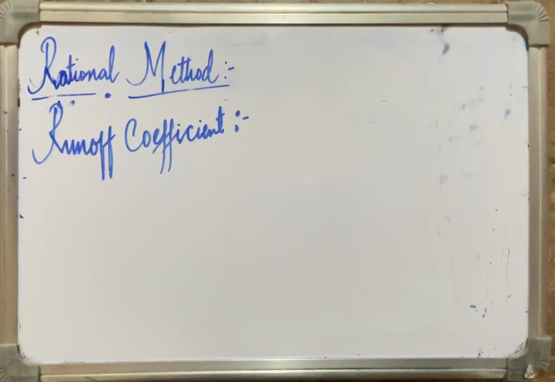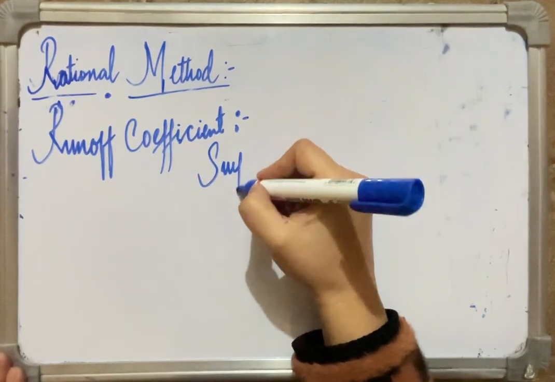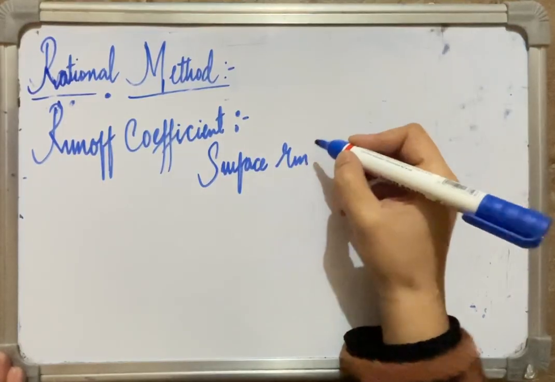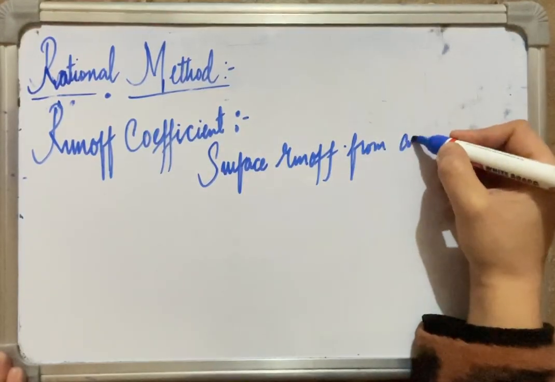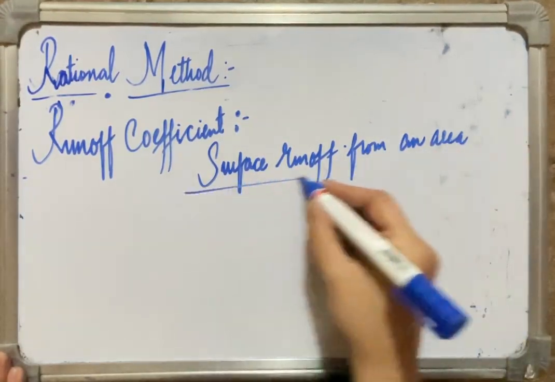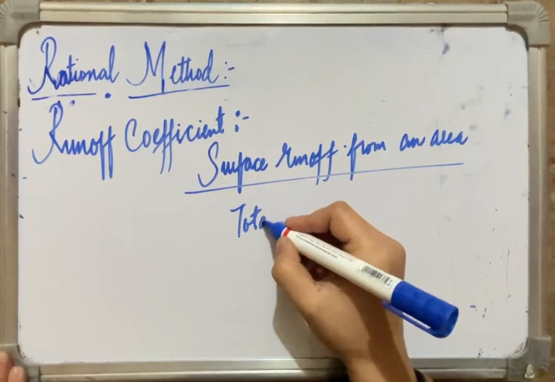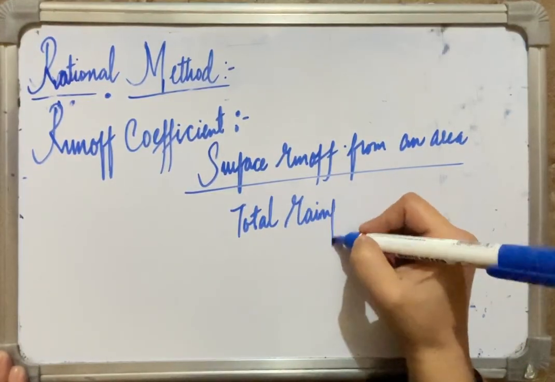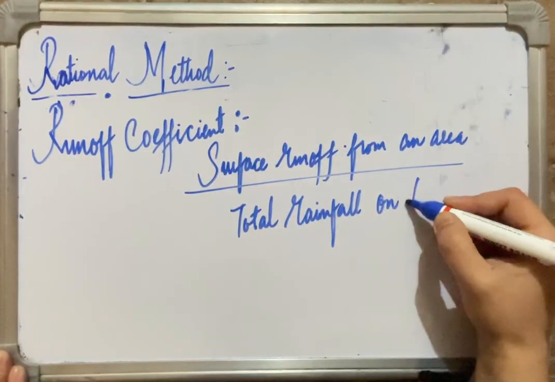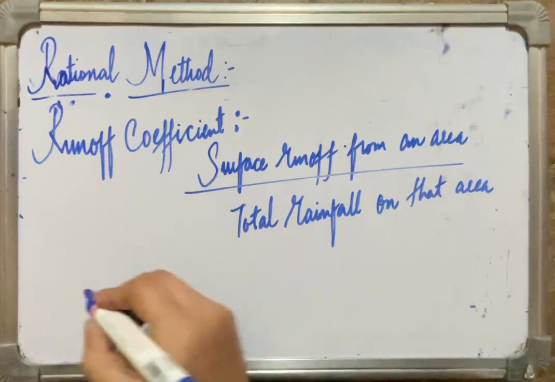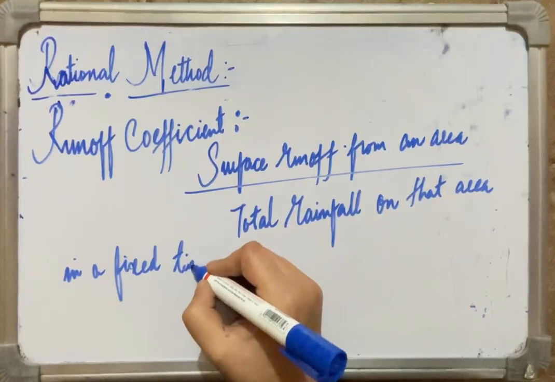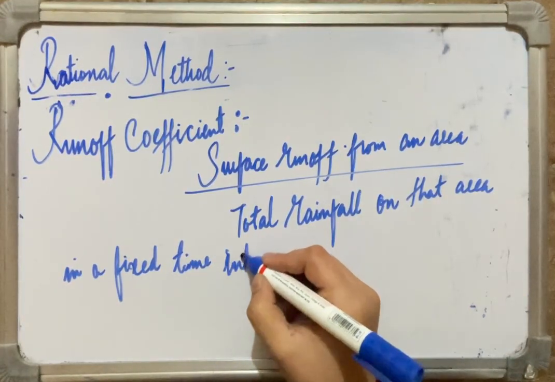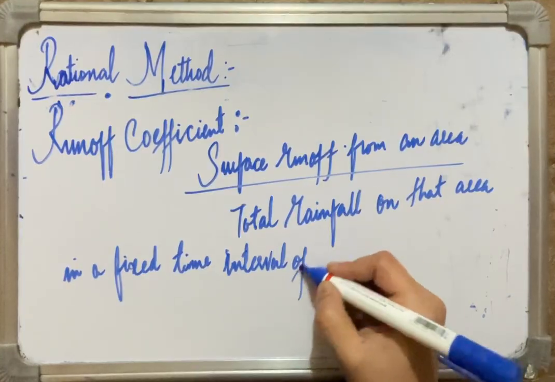This term runoff coefficient is used to indicate the ratio of surface runoff from an area to total rainfall on that area in a fixed interval of time. That is very important. In a fixed interval of time, that is known as the runoff coefficient.